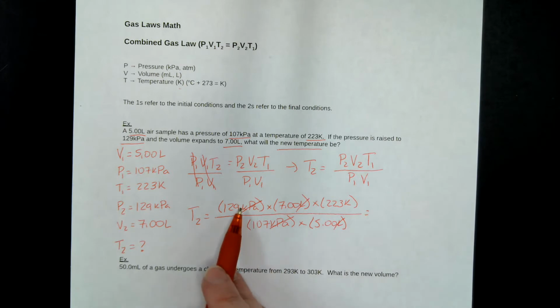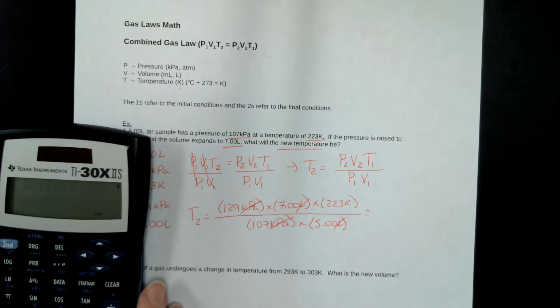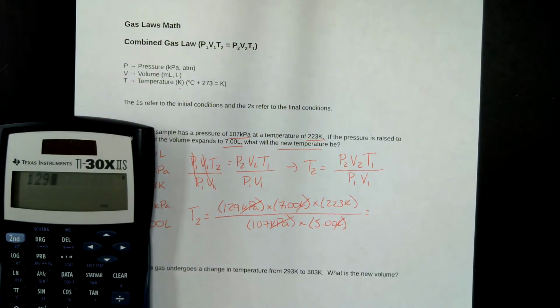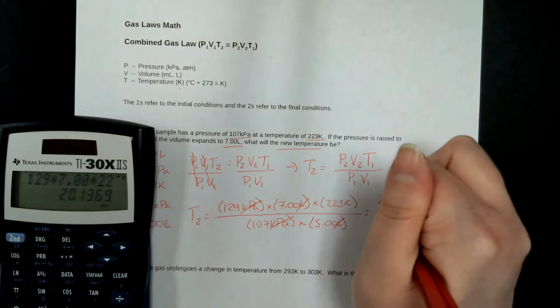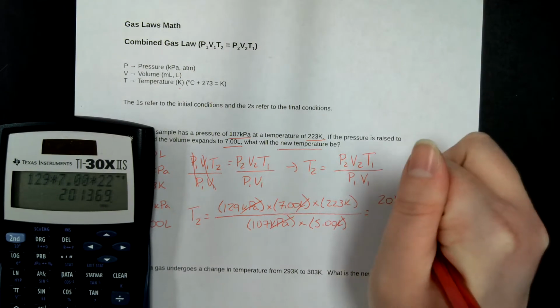So I'm going to multiply the top row together first. So 129 times 7.00 times 223. Very large number there, as expected.